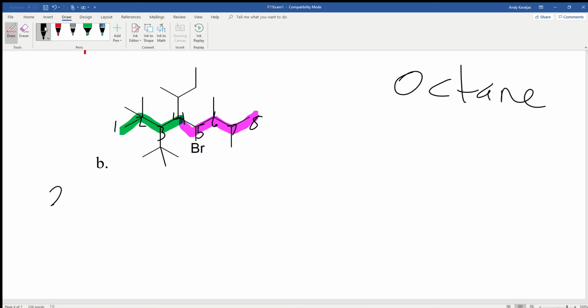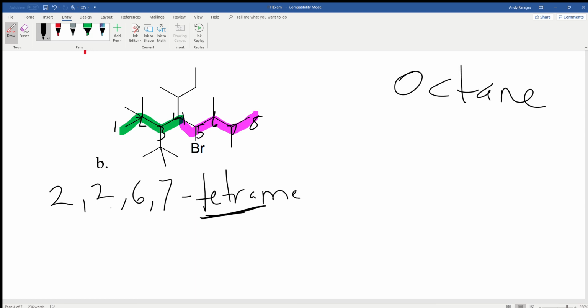We can see there's a methyl group at 2, another methyl at 2, a methyl at 6, and a methyl at 7. With 4 methyl groups, or 4 of any group, we use the prefix tetra. This is probably the most commonly forgotten prefix, tetramethyl.